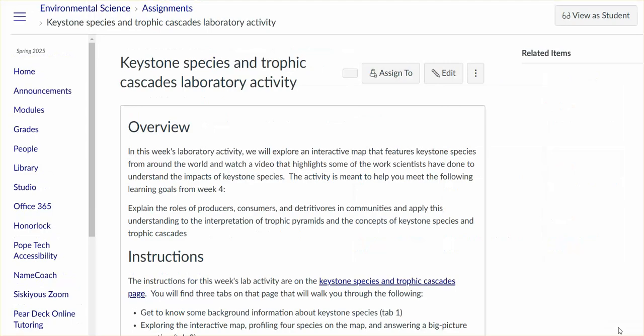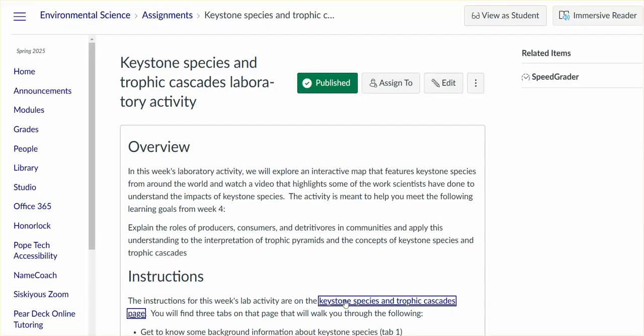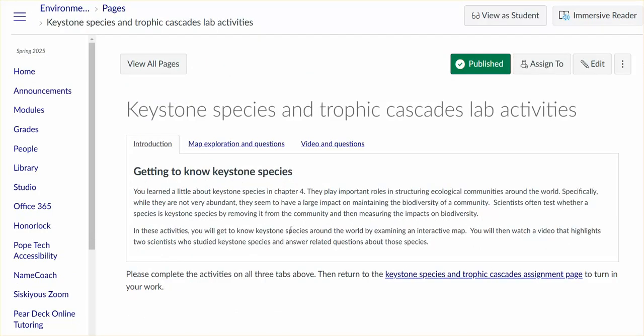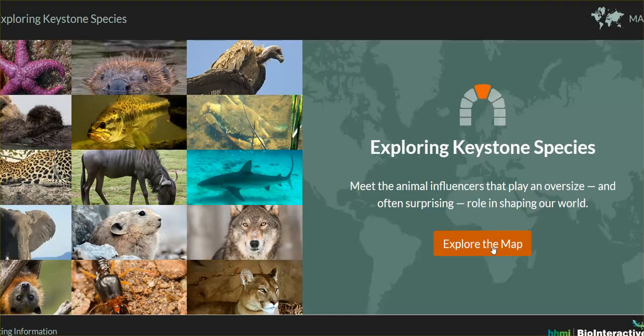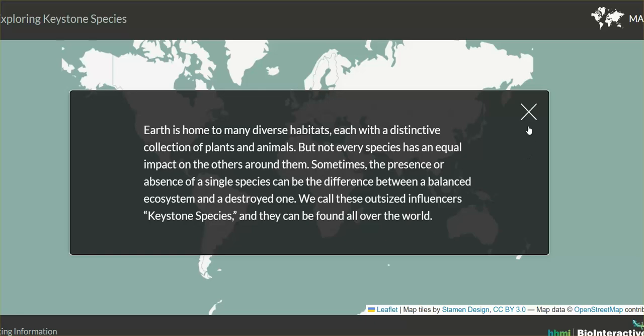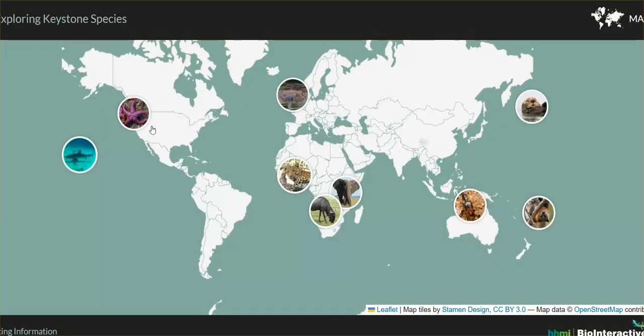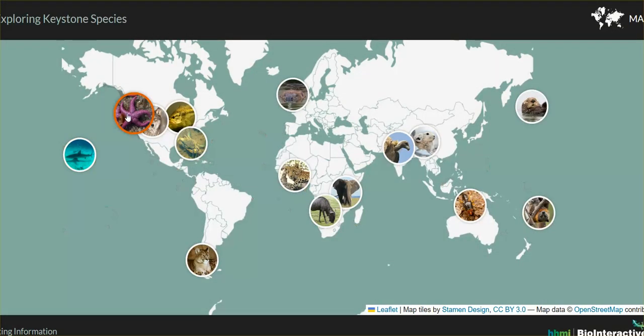Okay, our lab this week is about keystone species and trophic cascades. The first thing I want you to do is to check out the Howard Hughes Medical Institution interactive about keystone species. So this is going to show you a map, and on the map there's going to be different photos of keystone species.